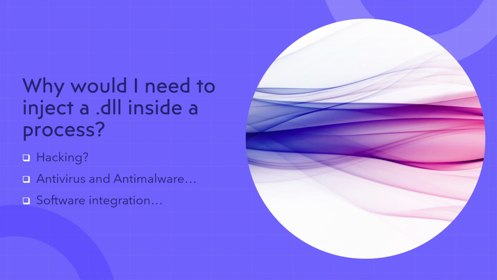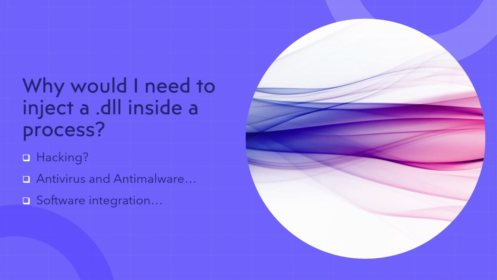In this case, when Chrome calls ShellExecuteExW, your code gets executed. You do whatever you want. For example, you decrypt the file, and then instead of calling the original ShellExecuteExW with the original file, you launch this API with the decrypted file. This is just an example of a software integration case.